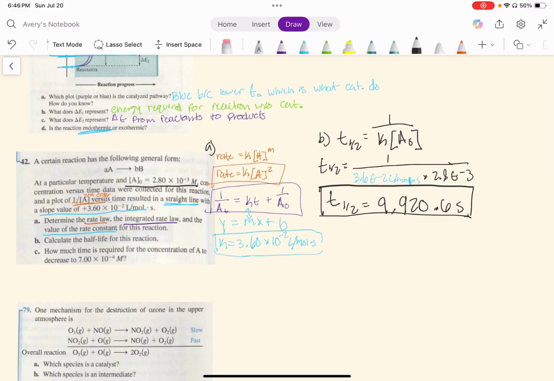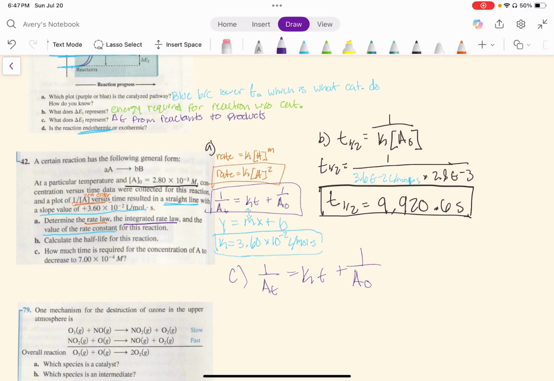So our integrated rate law was 1 over At is equal to kt plus 1 over A initial, or A naught.